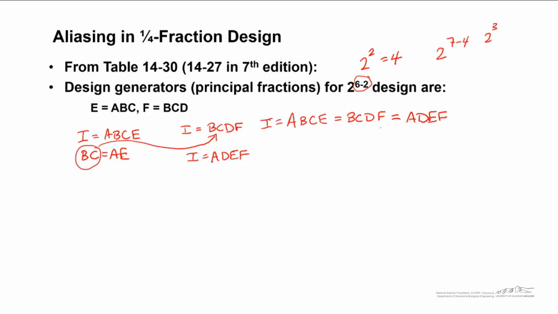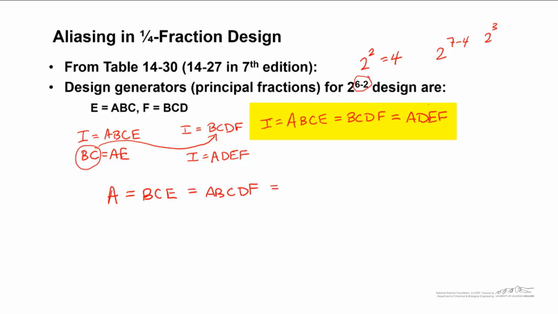So now if I wanted to determine, for example, what is A aliased with, I can just multiply A by any of these terms because they're all equal. A times I is equal to A, and then I would get A squared, which is 1. A is therefore aliased with BCE. And then the third one here, A would be aliased with ABCDF.